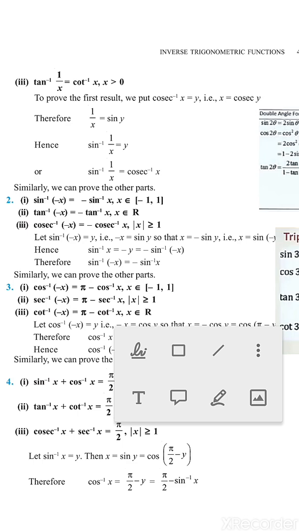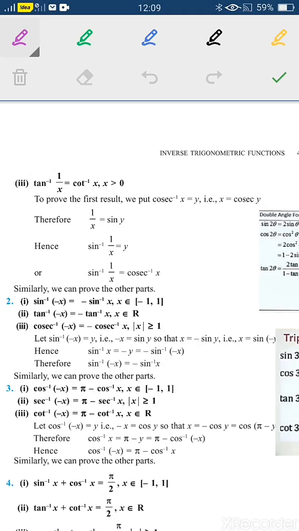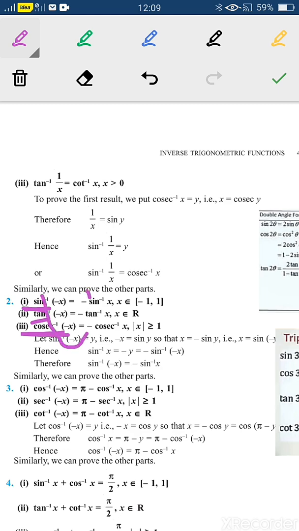So if you see this, you will find that these three functions, sine, tan and cosecant, I told you these are friends, they stay together. And whenever the value minus x is inside, the minus will come outside and it will be minus sine inverse x. These are the ranges, right?